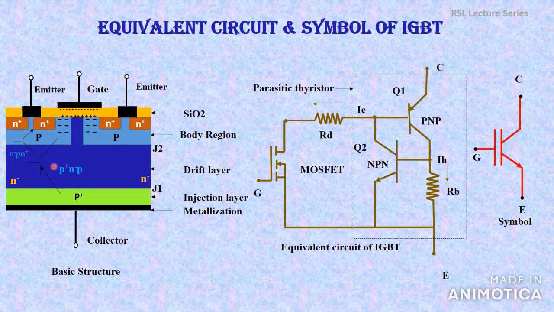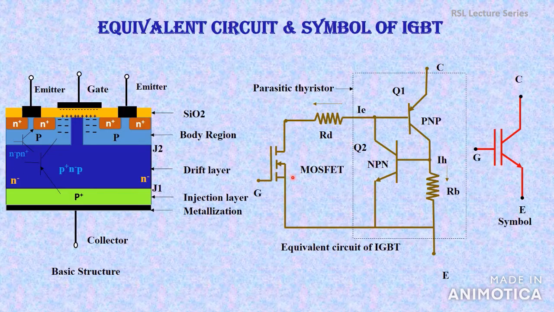And if we look into the body region, it consists of two transistors. One is the PNP transistor formed between the P plus, N minus and P regions, and the other, an NPN transistor, is formed between the N minus, P and N plus regions. So this is the equivalent circuit.